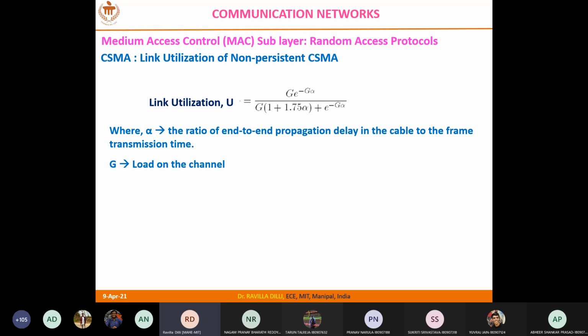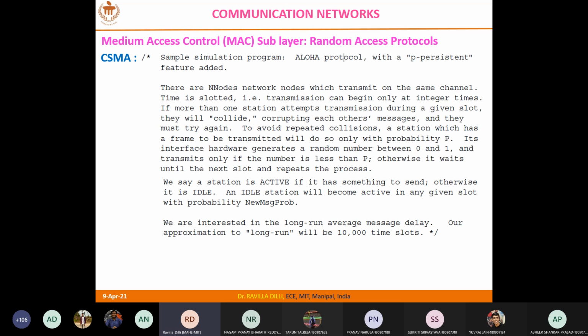G is the load on the channel, contributed by the fresh frame transmissions and also the retransmission of the failed frames. So G e power minus G alpha over G into 1 plus 1.75 alpha plus e power minus G alpha. That's the link utilization for non-persistent CSMA.